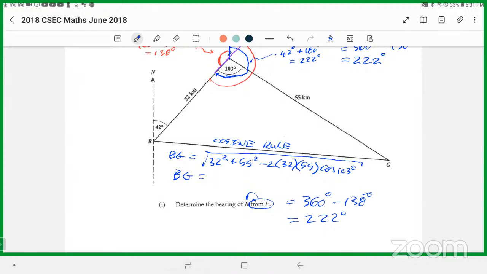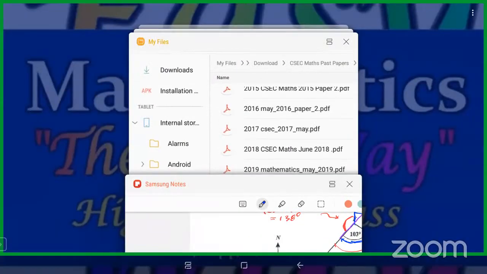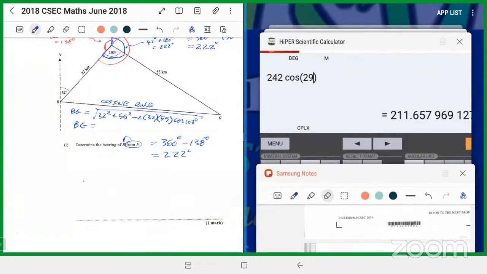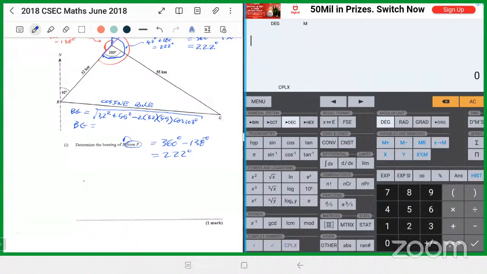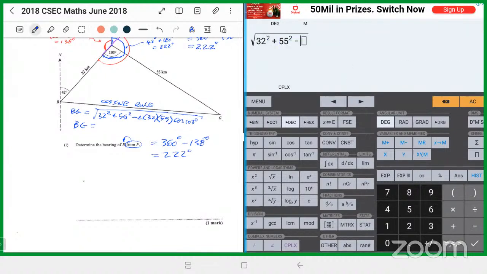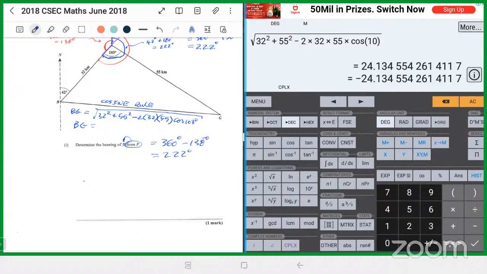This calculation will tell us what BG is. Let's use the calculator on the screen. It becomes the square root of 32 squared plus 55 squared minus 2 times 32 times 55 times the cos of 103 degrees.